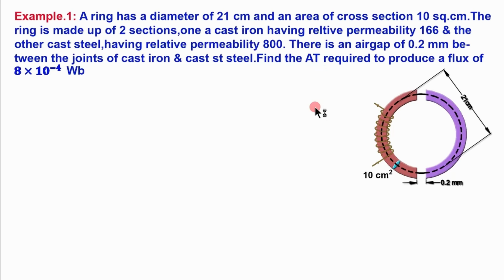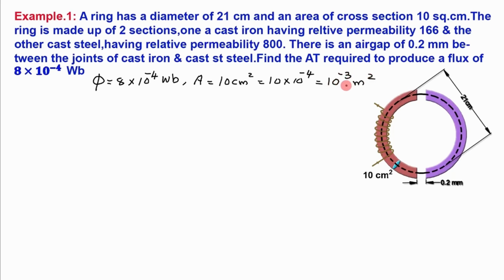We have to find the ampere turns required to produce a flux of 8 into 10 raised to minus 4 Weber. That is, phi is equal to 8 into 10 raised to minus 4 Weber, and the area of cross section A is equal to 10 centimeter square, that is equal to 10 into 10 raised to minus 4, that is 10 raised to minus 3 meter square.